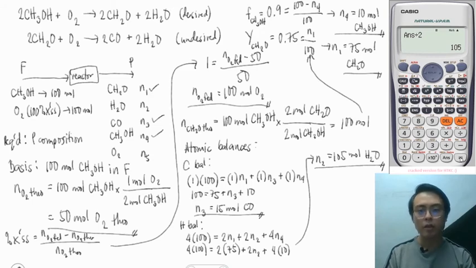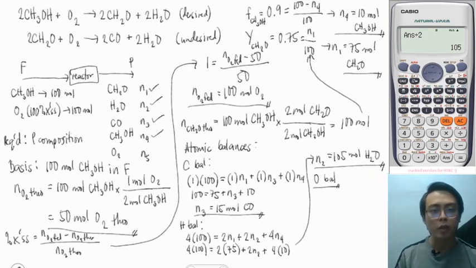Okay, and so we now have N2. Last is N5. We have the 3 balances for the 3 atoms, carbon, hydrogen, the one remaining is oxygen. So let's perform the oxygen balance.